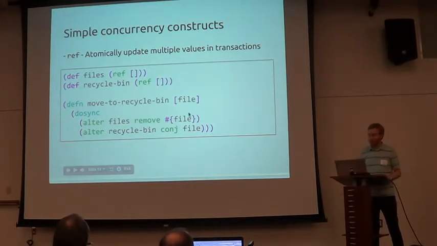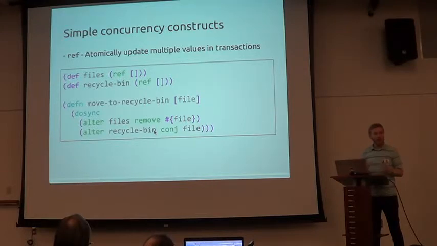But yeah, this will remove the file from the file directory and then add it to the recycle bin. Does that clear things up a little bit? I guess logically you do it the other way around, right? Well, you have the file reference internally, right? Yeah. Right. So it's a pointer to the object, basically. Although you could turn that around, maybe that would make more sense from a code reading perspective.